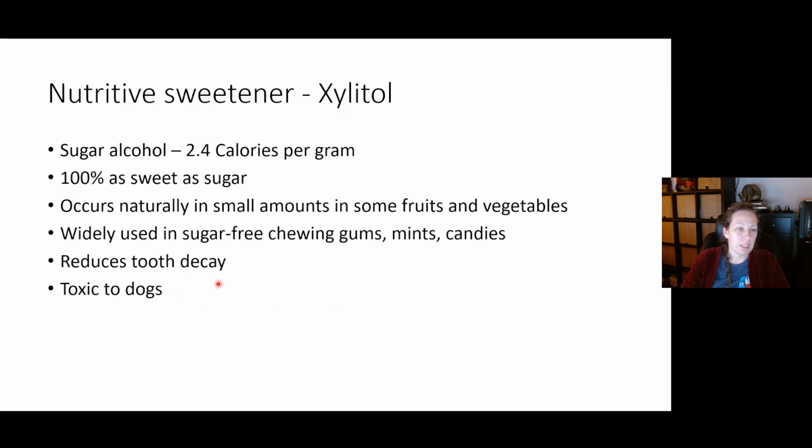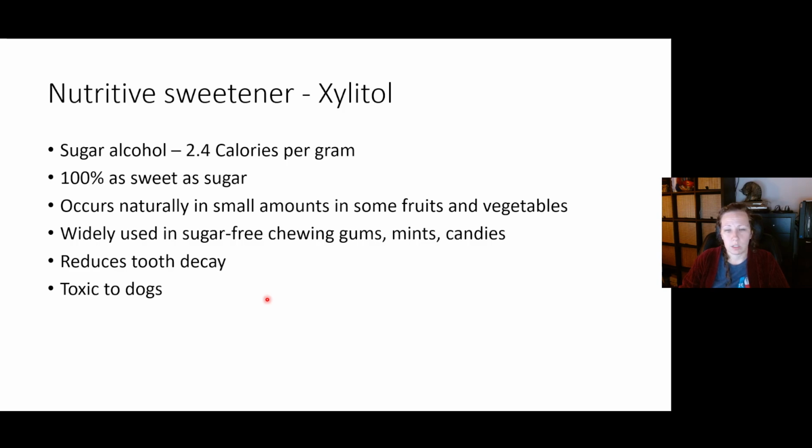The big thing about xylitol is that it is toxic to dogs. And so what I was saying about the peanut butter is that there have been cases where dogs consumed xylitol-laced peanut butter that was a sugar-free peanut butter and experienced some major disruptions to their system because of that, possibly even death.